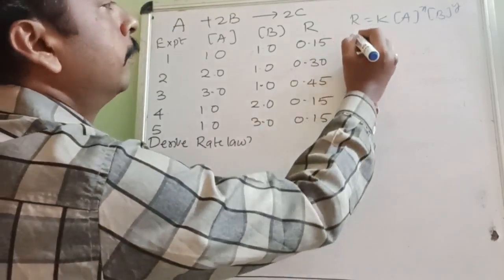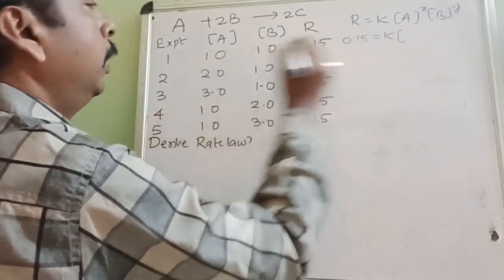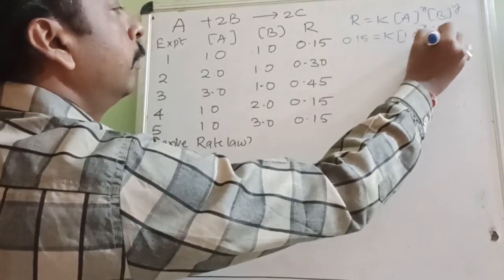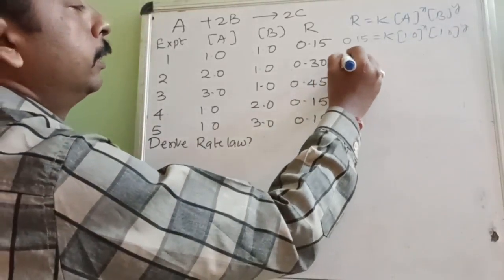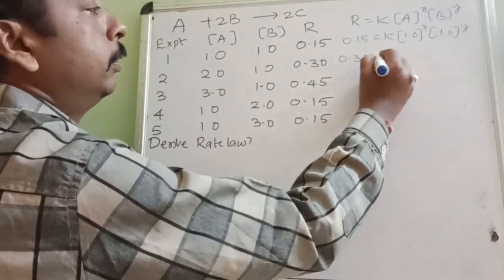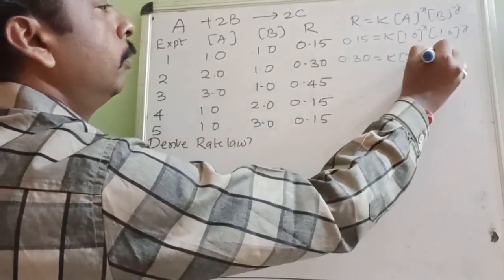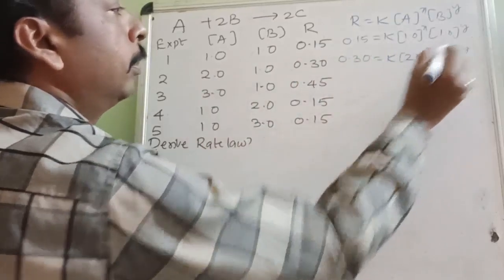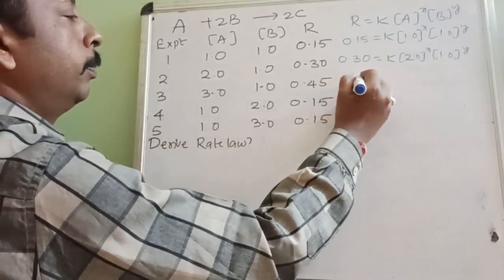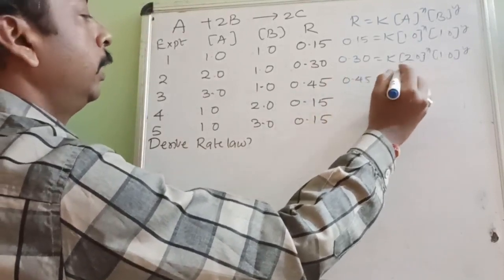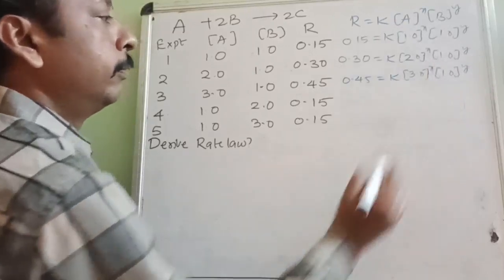Okay. So in place of r, in experiment 1 it will be 0.15 is equal to k into a, which is 1.0 to the power of x, b which is 1.0 to the power of y. And the second equation will be 0.30 is equal to k into 2.0 to the power of x, 1.0 to the power of y. Then the third one is 0.45 is equal to k into 3.0 to the power of x, 1.0 to the power of y.